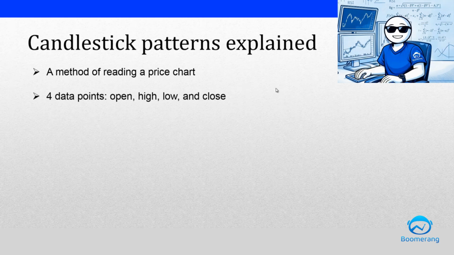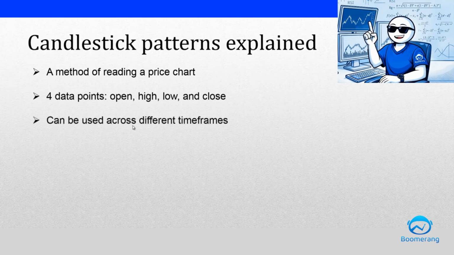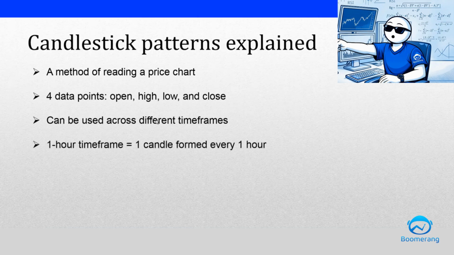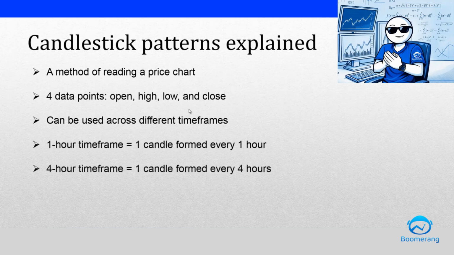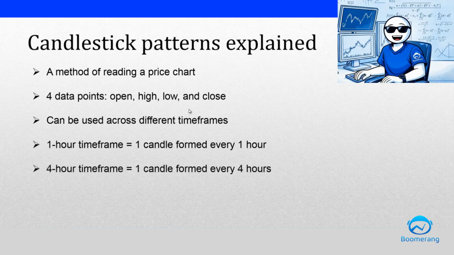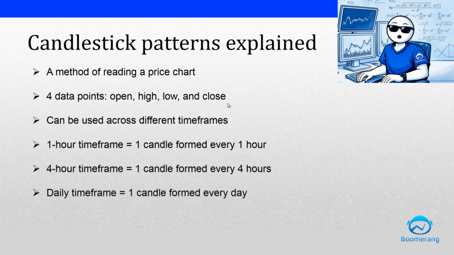You can use candlesticks to trade different time frames. On a 1 hour time frame, every 1 hour a new candle is formed. If it's on the 4 hour time frame, a new candle is formed every 4 hours. And if you're on the daily time frame, one candle is formed every single day. Same for the weekly, monthly, same concept.